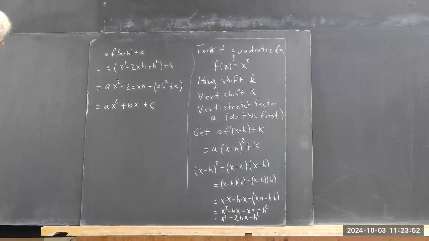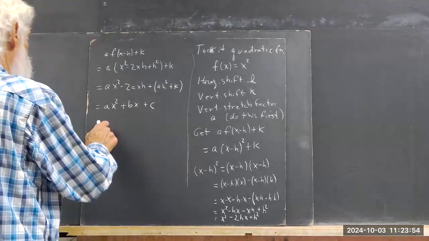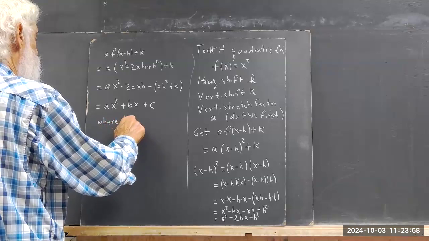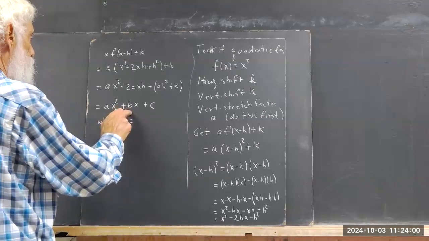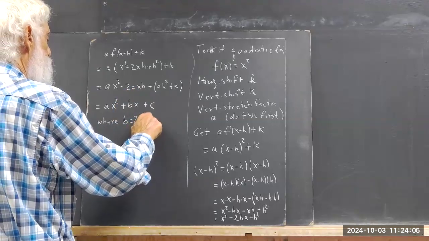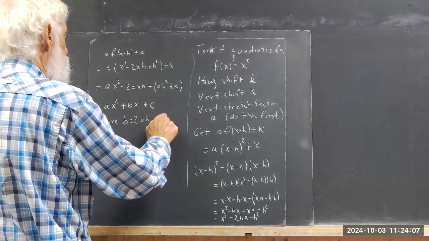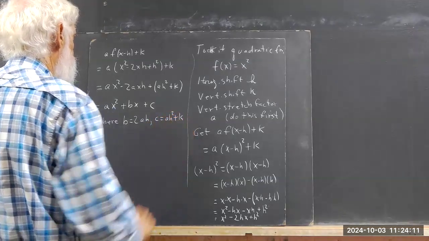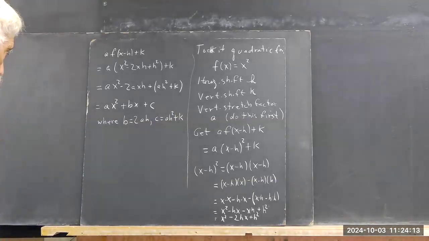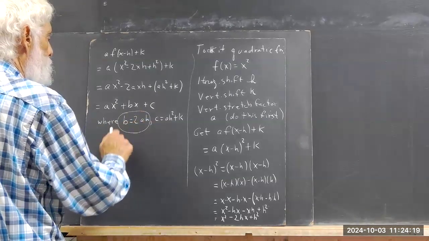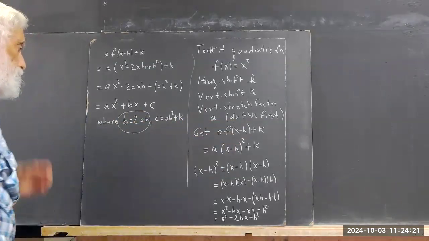And b is 2ah, and c equals ah squared plus k. This is important. This just comes along.